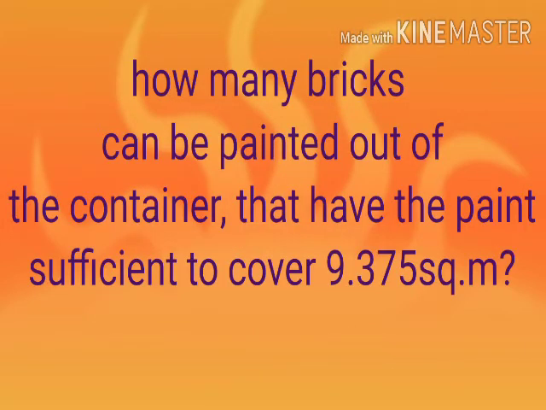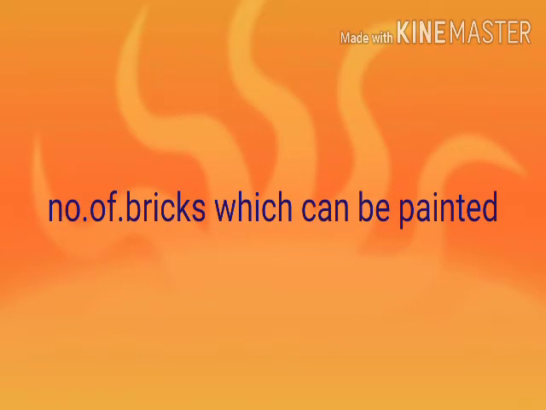Here we have to find how many bricks can be painted from the container which has paint sufficient to paint an area equal to 9.375 meter square. So here we have to find the number of bricks.